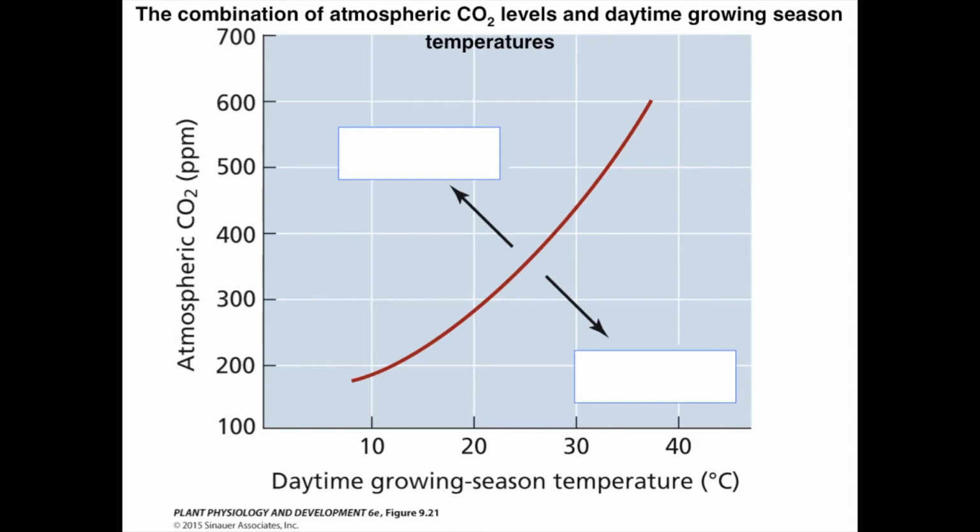So now I'd like to ask you to think about who's going to win out if we get above this reference line. So anything above in this area here, kind of the top left corner of this graph, who is going to win out and do better? Also, let's think about at the bottom right part of the graph, below that reference line, who is going to do better, C3 plants or C4 plants?